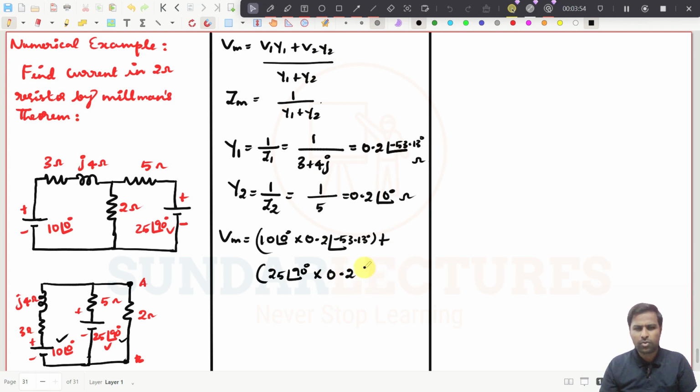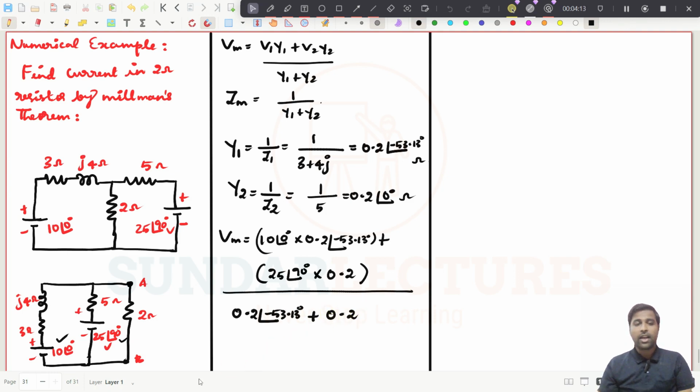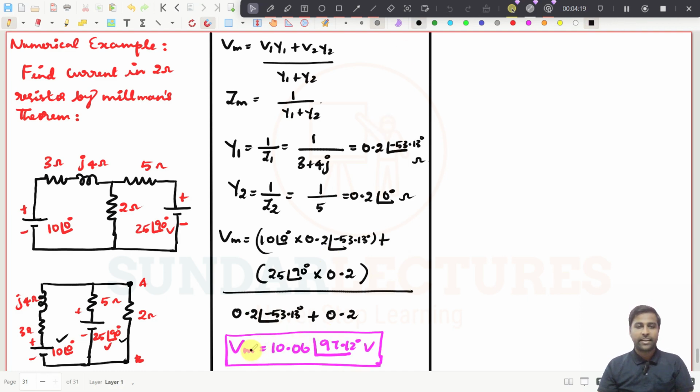You don't need to put the angle of 0 degree. Whole divided by y1, which is 0.2 at an angle of minus 53.13 degree, plus y2, which is 0.2. If you simplify this whole thing, you will get Vm is equal to 10.06 at an angle of 97.12 degree volts, right?